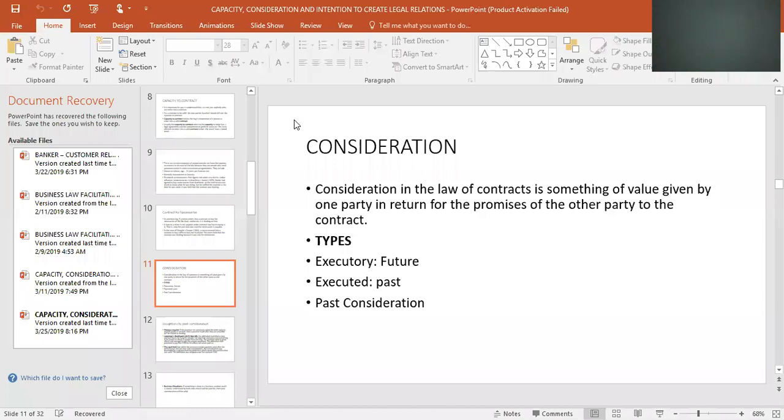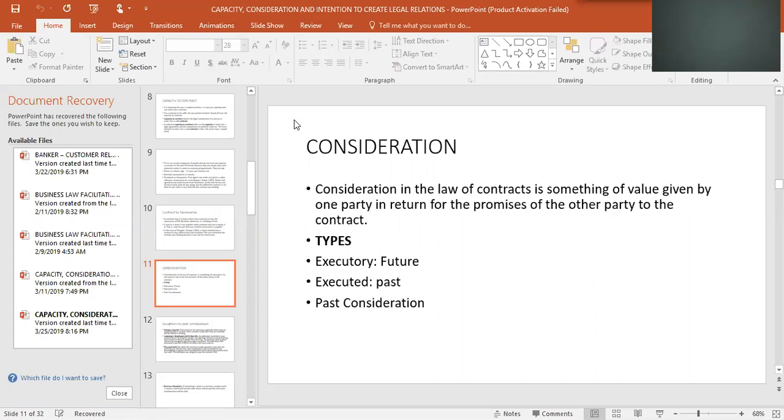Now, the consideration is in the future. Yvonne should wash my car for me. I want Yvonne to wash my car for me before I will give her that promise I made to her. So this consideration, which will move from Yvonne to me, that is when Yvonne washes my car, that is called executory consideration.